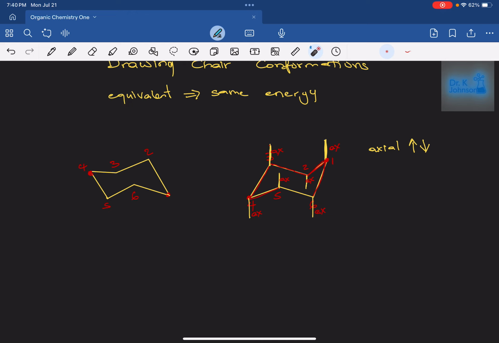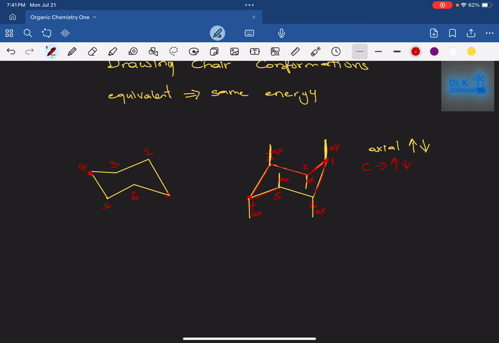They point straight up, they point straight down, and wherever your bonds meet pointing is the direction in which the axial bond will point. Now, each carbon in your cyclohexane ring has one bond pointing up and one bond pointing down.